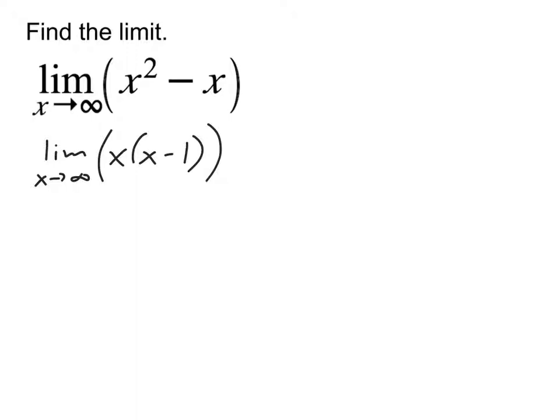Let's try plugging in the infinity now. If I now plug in infinity for x, okay, so that would become infinity times, and we want to plug in infinity there as well, infinity minus 1. Well, infinity minus 1 equals infinity. And so we're really doing infinity times infinity, but that we can do. It's no longer like infinity minus infinity.